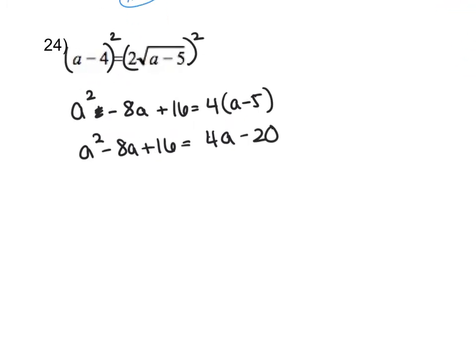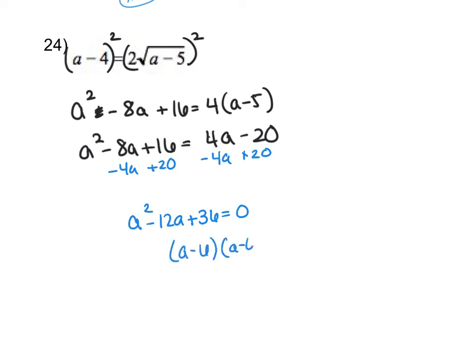Remember, when we have an a squared and an a and a number, we're going to get that bad boy equal to 0. So minus 4a plus 20. So a squared minus 12a plus 36 equals 0. That's a minus 6 and a minus 6. So a equals 6. If you want to get fancy, you can say multiplicity 2. But of course you don't have to do that. And it works. Great job, guys.